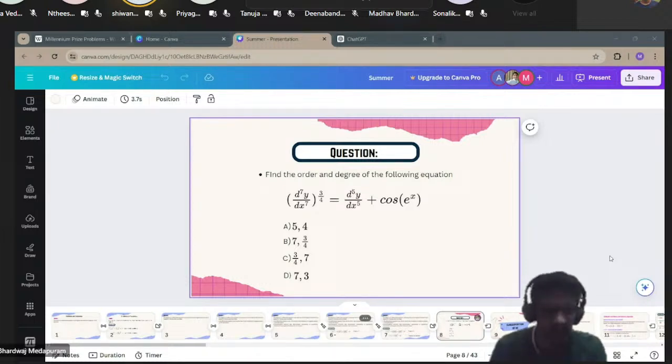We have pretty good responses. That's nice, guys. Keep the momentum up for the whole session. I see Vasudev, Krishna, and Rohit Kumar again answered the question first.